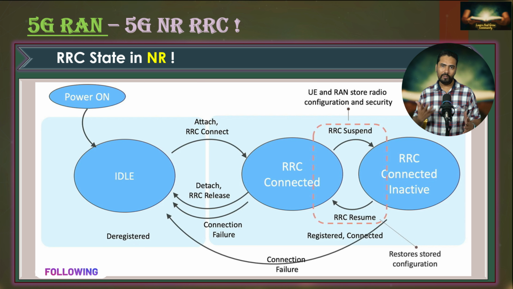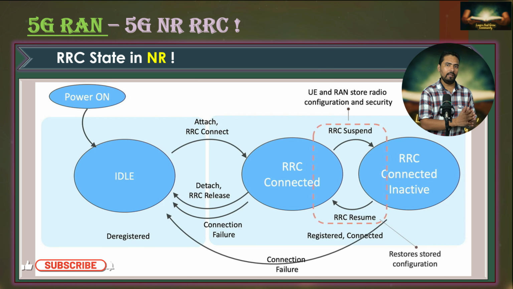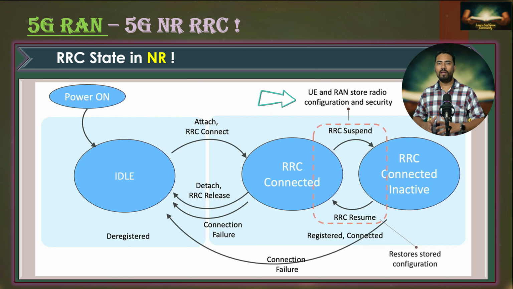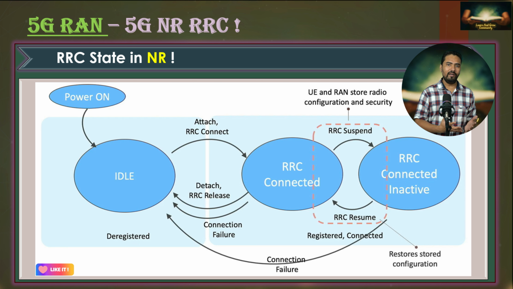Then when the UE needs to connect to the network again, for example, when there is some uplink data to transfer, the UE starts the resume procedure. The resume procedure restores the saved radio configuration and security configuration data and resumes the connection very quickly. Hence, we do not need extensive signaling with the core network.